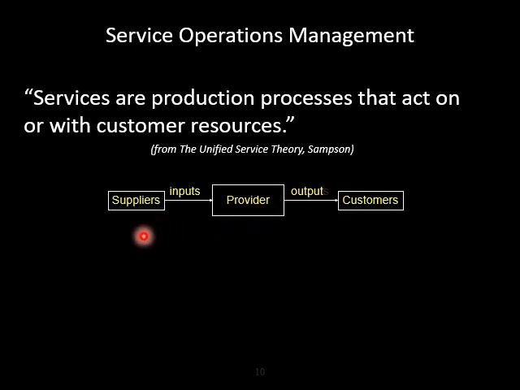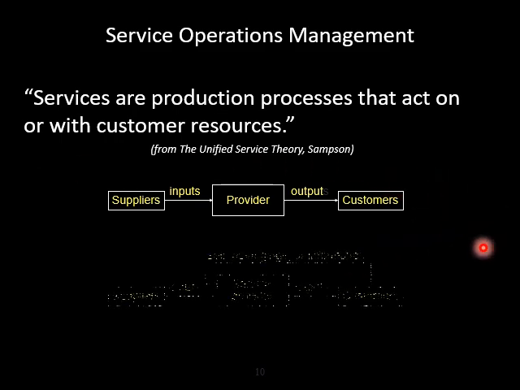And so this again is another view of the process that we've just looked at. This is a typical manufacturing process where you have suppliers and inputs, you have a provider, you have an output, and you have customers. However, from the unified services theory, services are production processes that act on or with customer resources. So what does that mean?